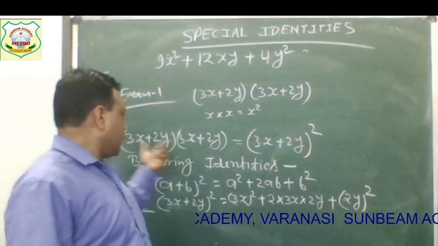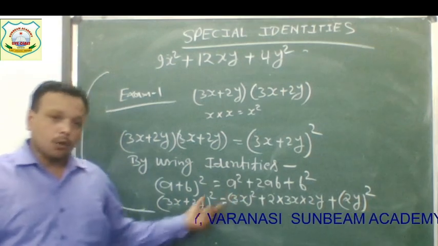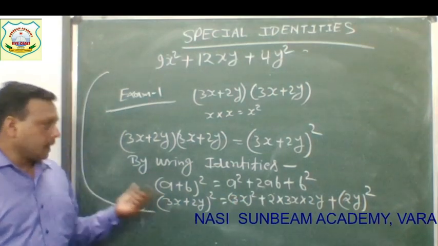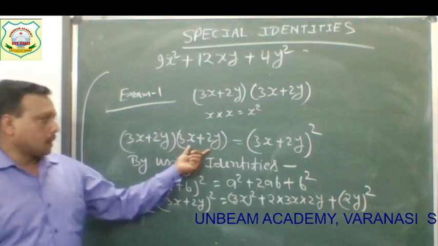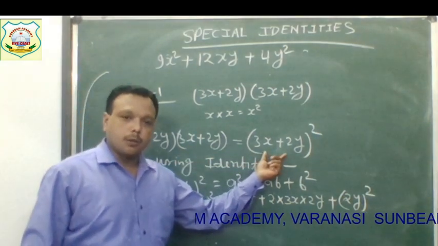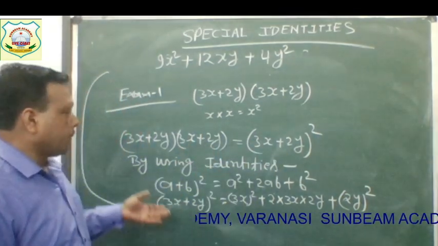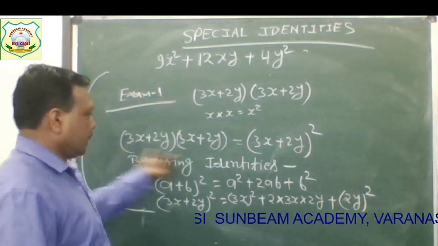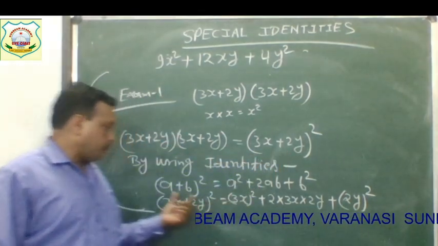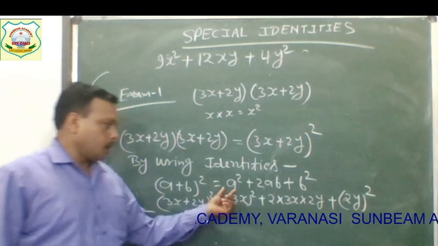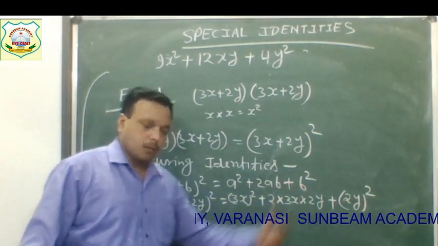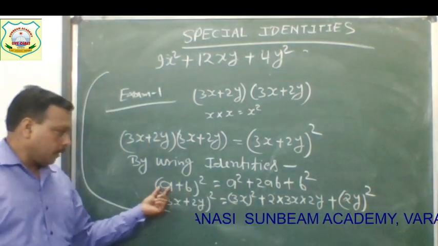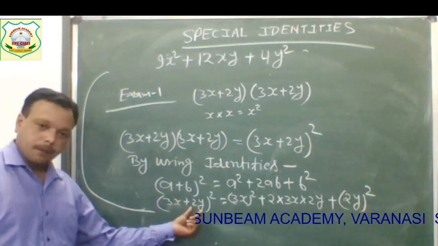You only need to learn the formula and how to apply it. Clear? Again I am telling you: (3x plus 2y) whole square. You should identify which identity you will use here. So (a plus b) whole square, because this term is also plus. So (a plus b) whole square is a square plus 2ab plus b square. So a value here is 3x, b value is 2y.